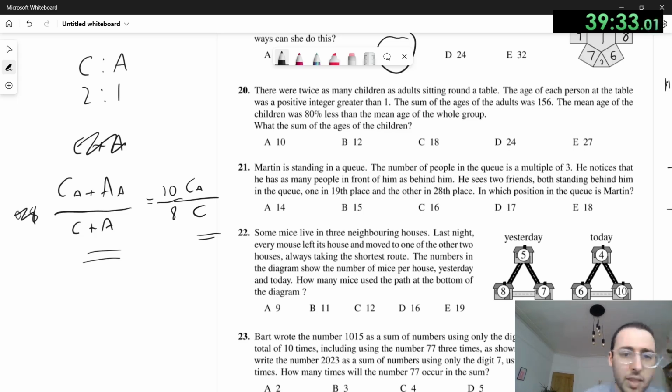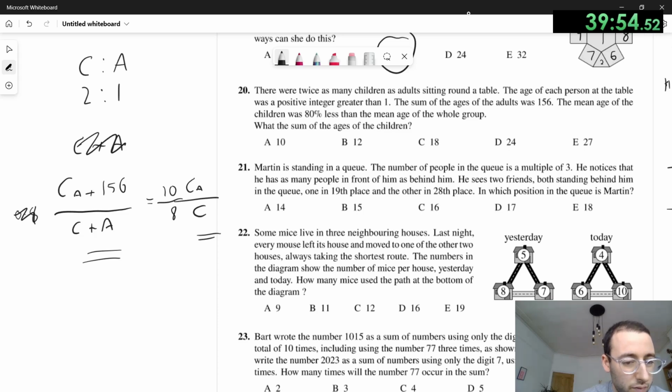Okay. Now the age of all the adults is 156. The sum of all the adults, 156. And there are twice as many children as there are adults.